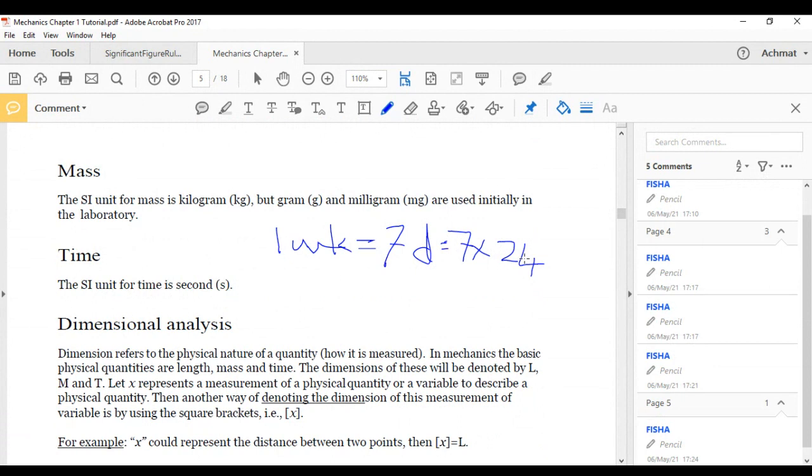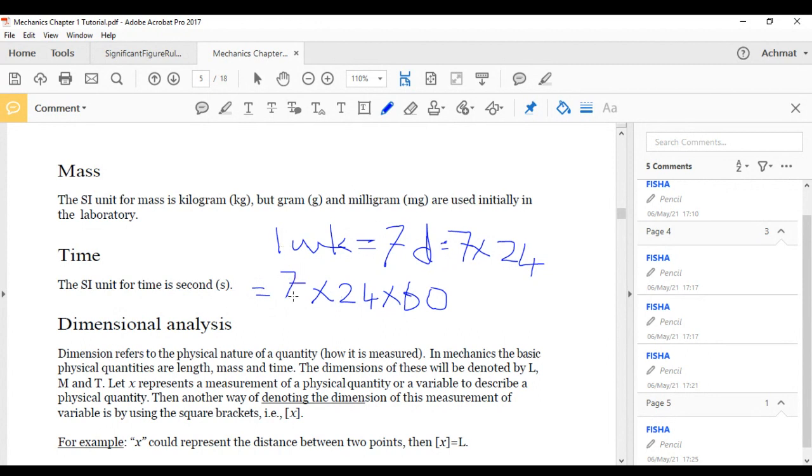But we don't have seconds yet, isn't it? So that will be equal to 7 times 24 times, in an hour you have so many minutes, times 60.